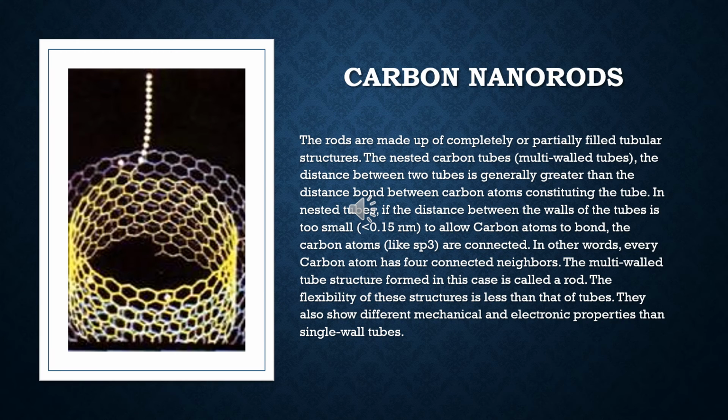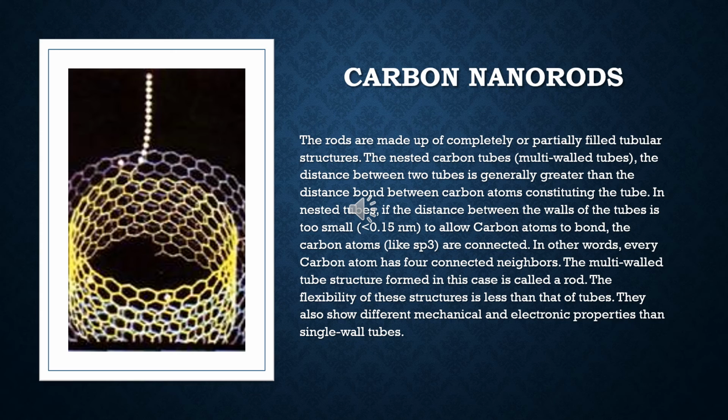Carbon nanorods. The rods are made up of completely or partially filled tubular structures. In nested carbon tubes, the distance between two tubes is generally greater than the bond distance between the carbon atoms constituting the tube. If the distance between the walls of the tubes is too small to allow carbon atoms to bond, the carbon atoms are connected.